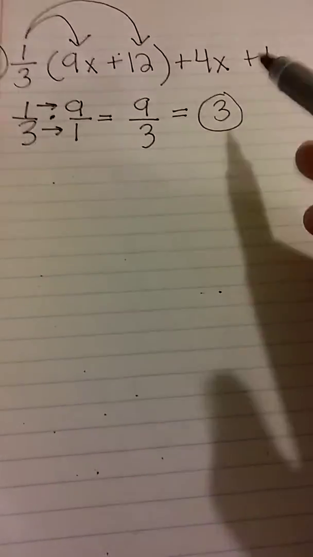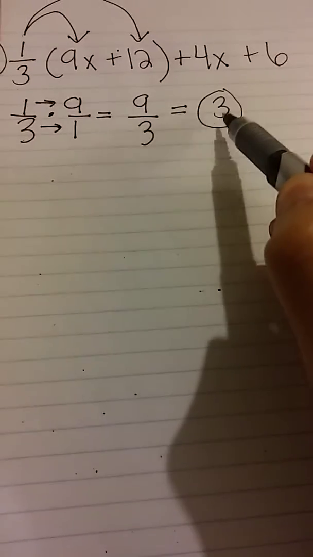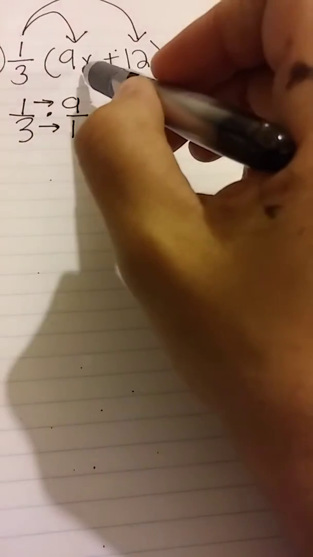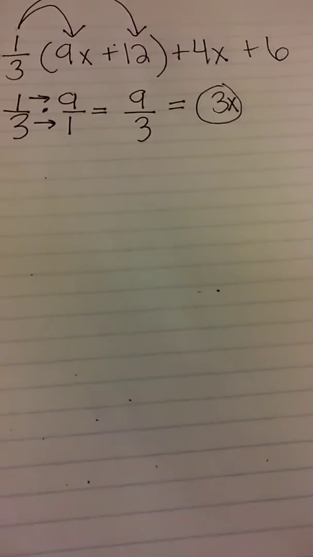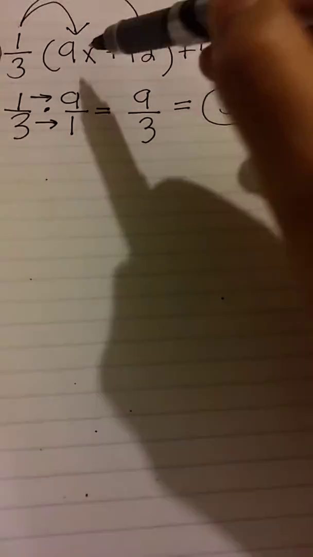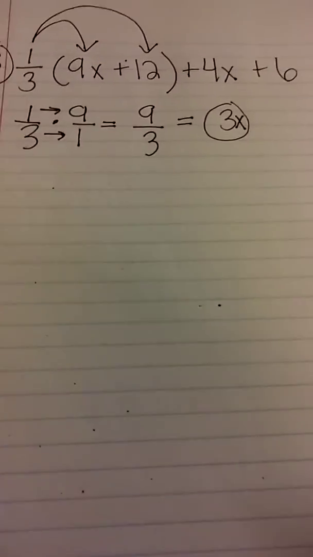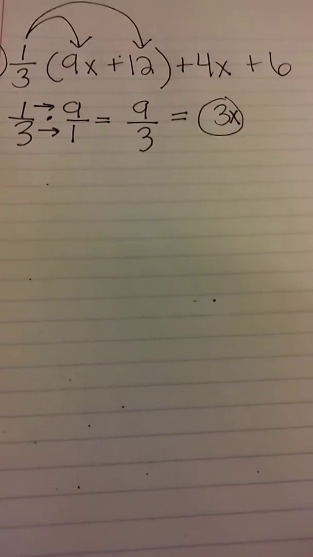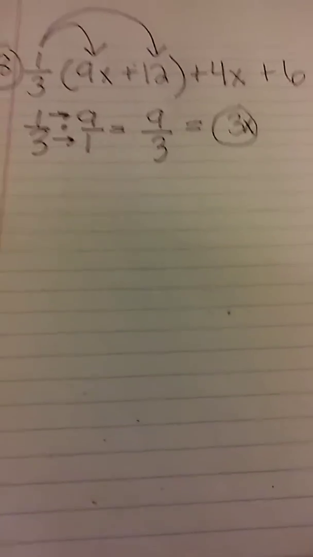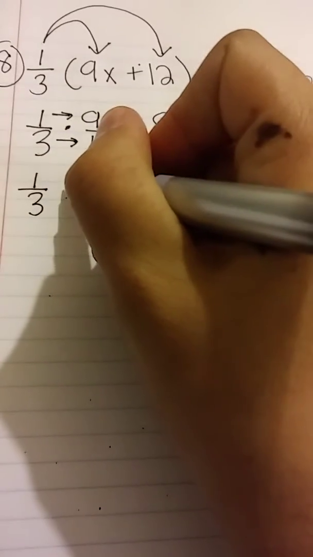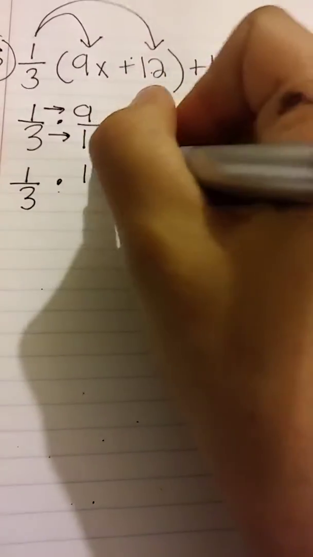Alright, the only thing is that your answer is not just 3. You should be bringing down that x and making sure you don't forget it. So always look back to see if that number has an x or a variable or any letter attached to it, and bring it down. So next part is 1/3 times 12.